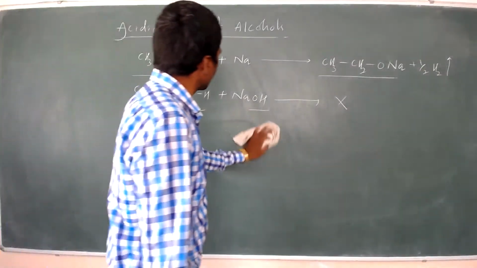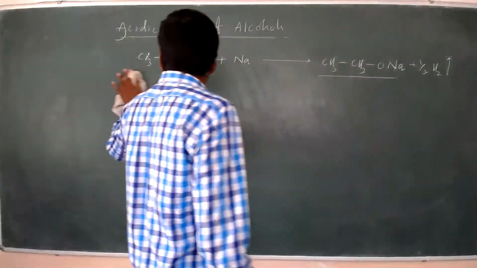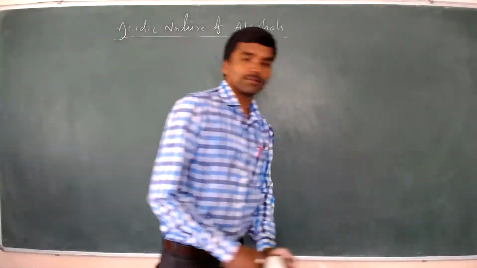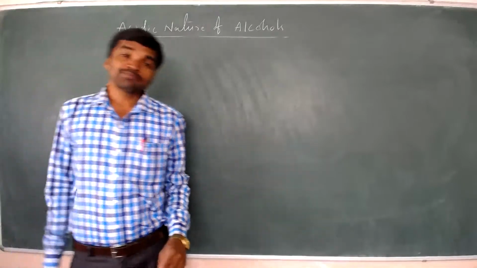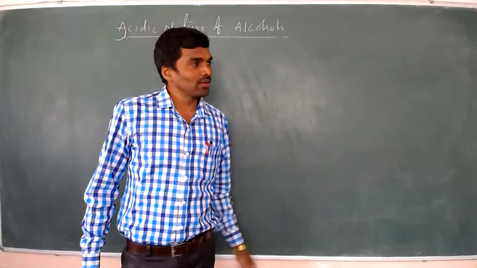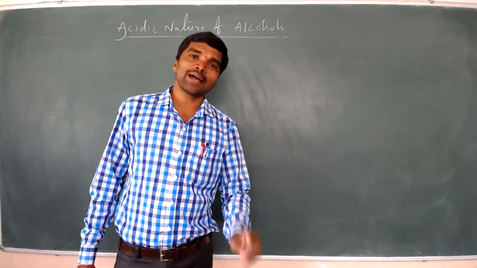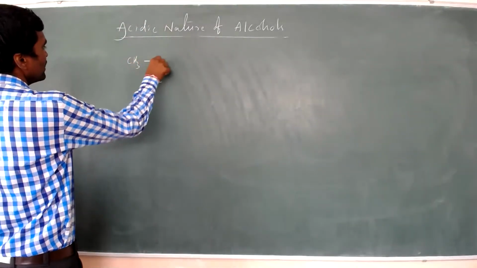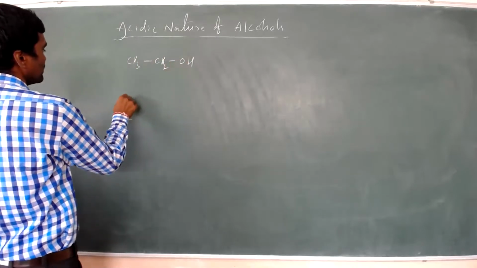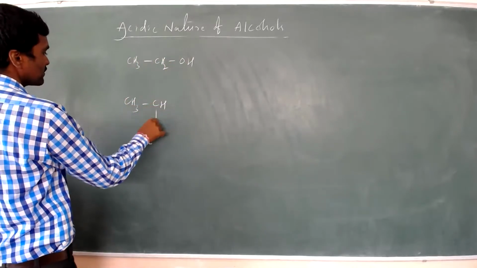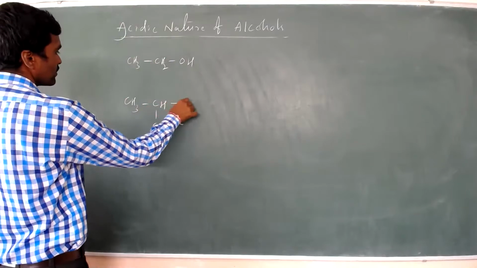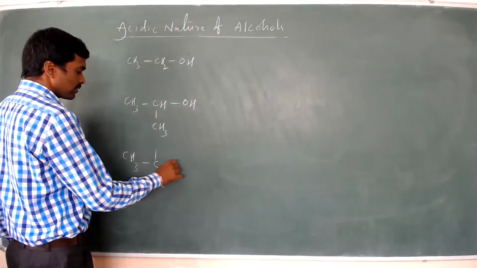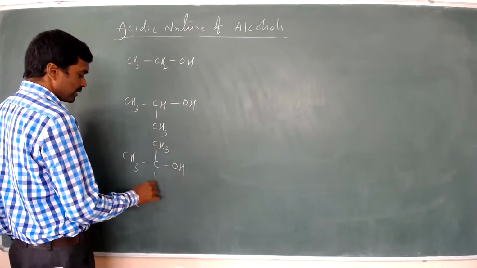Next you see, now we will compare the acidic nature of primary, secondary and tertiary alcohols. Here I am taking ethanol, a primary alcohol, a secondary alcohol, and a tertiary alcohol.